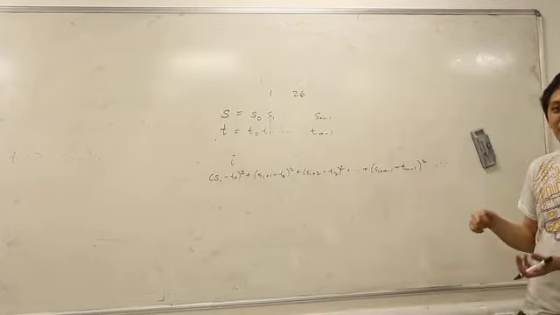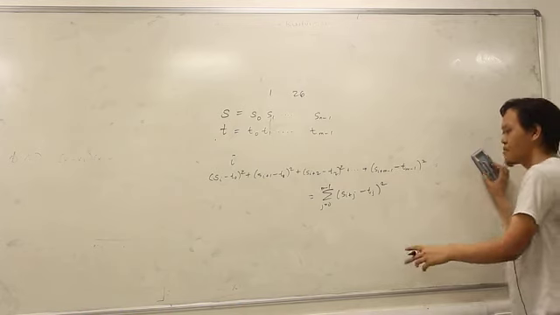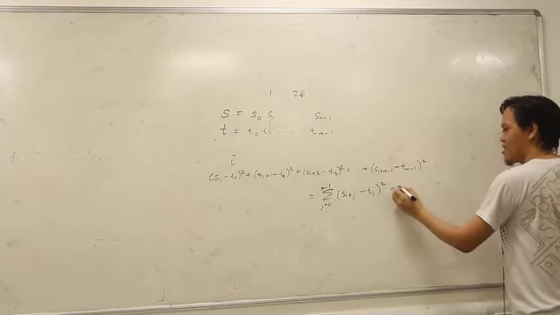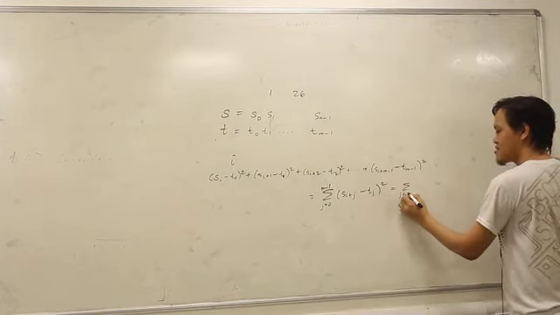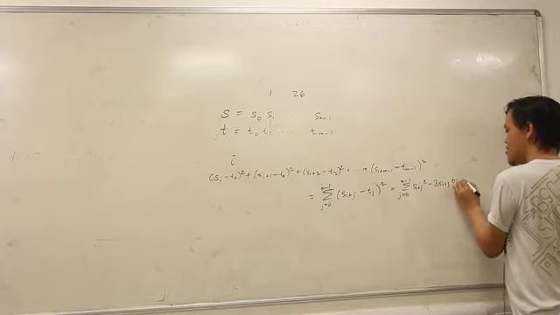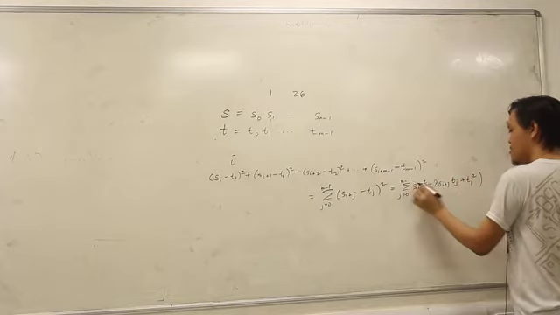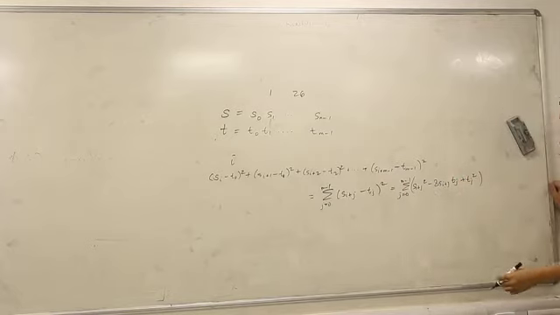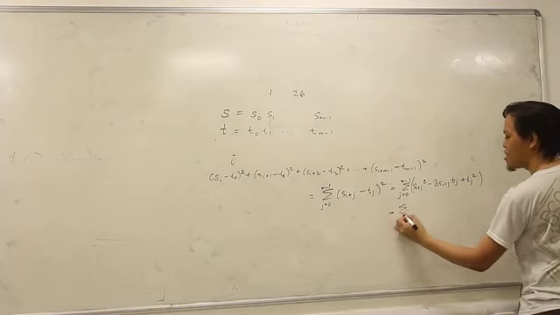But how do we compute this? So let's write it in something like this. So it's equal to this, right? Let's try expanding everything. And now we have three sums.